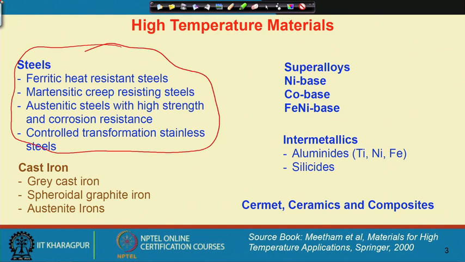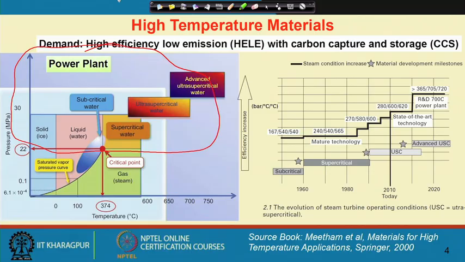So, let us start with the steels which are called ferritic steels. The name itself says that the microstructure should contain ferrite. But before going to that, one of the large amounts of these high temperature steels is produced for power plants. In a power plant, what do we really do?